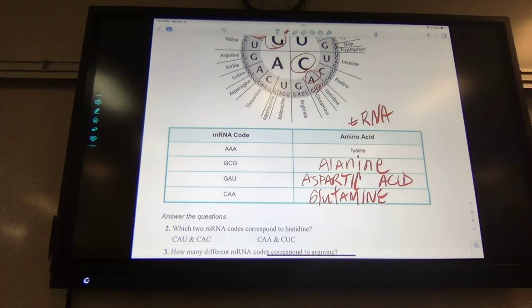It works out pretty nicely that they abbreviate all amino acids by their first three letters. So this would have been abbreviated ALA and ASP and GLU and LYS.